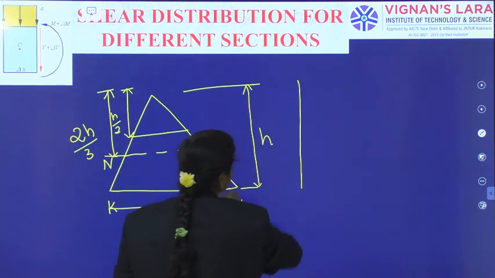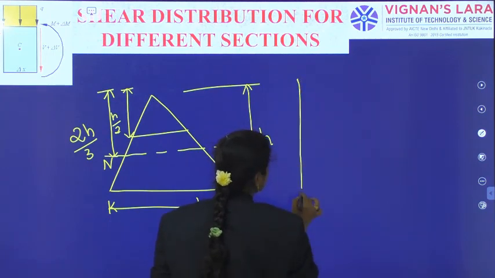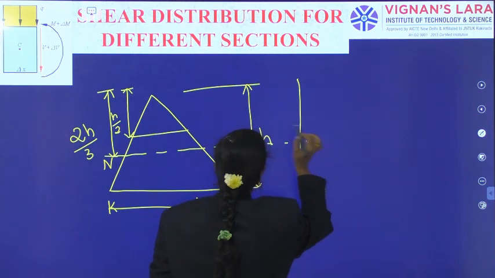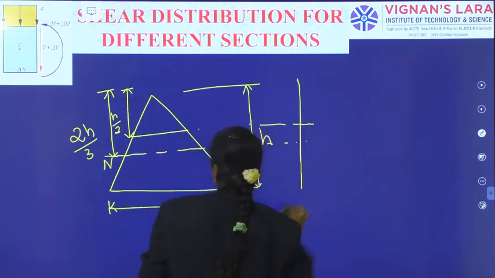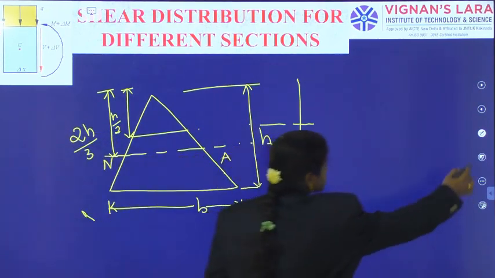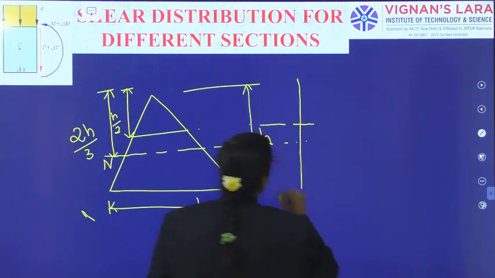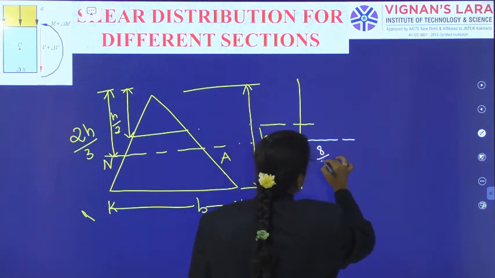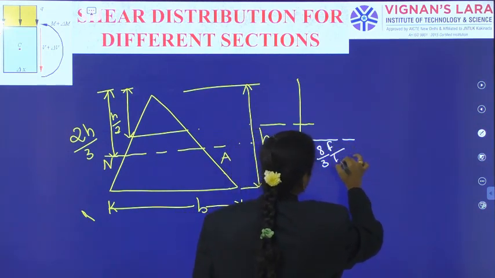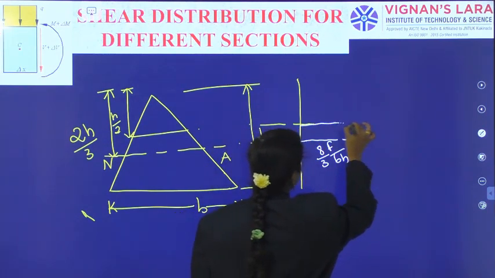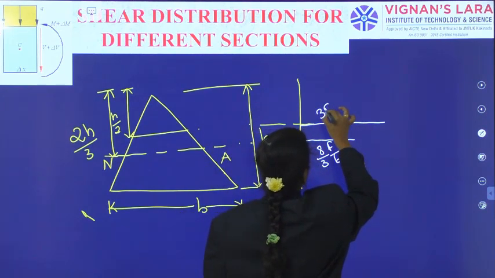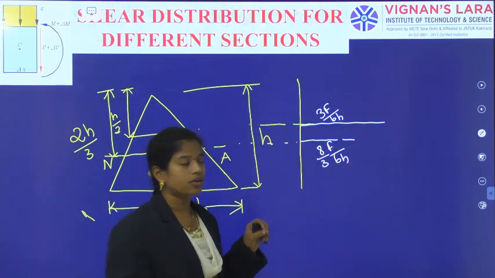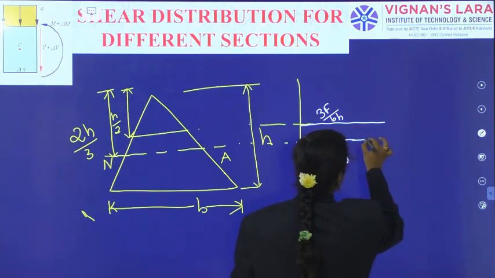Okay, so I am indicating that, and at the bottom it is 0, and at the neutral axis level we have got some value, at h by 2 also we have got some value. Here we have got 8 by 3 F by BH, and at h by 2 we have got 3 F by BH.